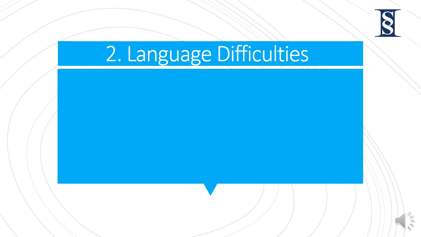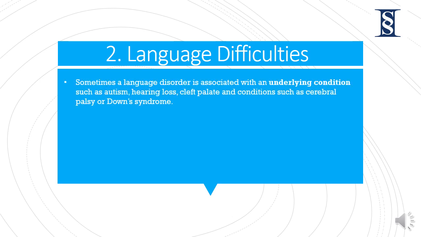So, some language difficulties associated with this need. Sometimes, if there is a language disorder, it can be a result of an underlying condition such as autism or having hearing loss, or physical disabilities such as a cleft palate, or medical conditions such as cerebral palsy or Down syndrome.